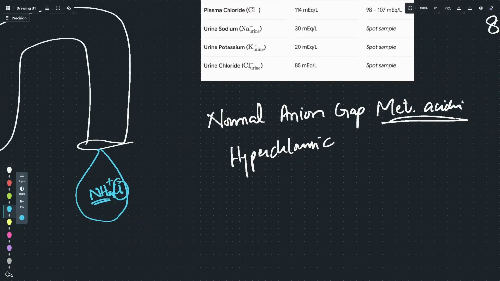So if more chloride is there in the background of metabolic acidosis, if more chloride is there in urine, not in blood, it means the kidneys are efficiently getting rid of NH4 positive, the acid.